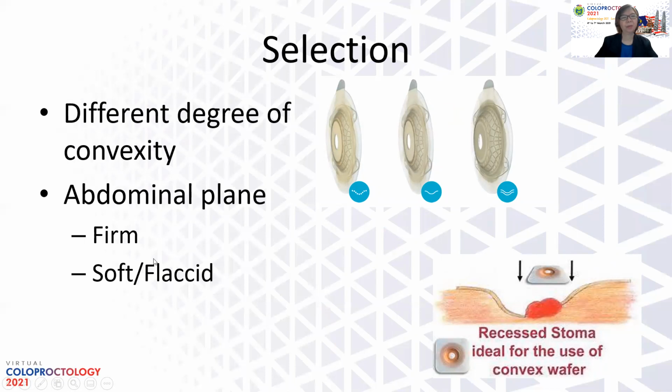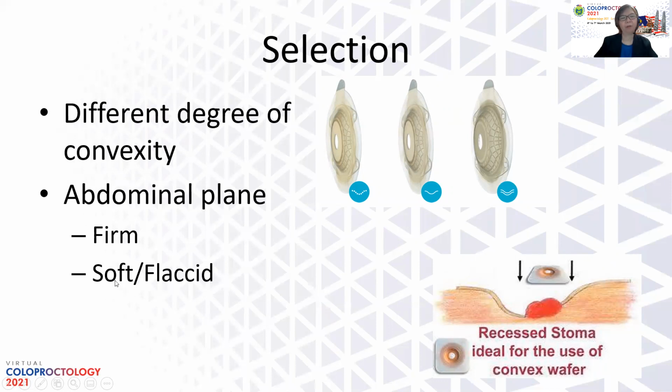So the other thing will be the abdominal plane. If the patient has a very firm abdomen, you can use something that is soft. Soft is suitable for the patient who has a very firm abdomen.